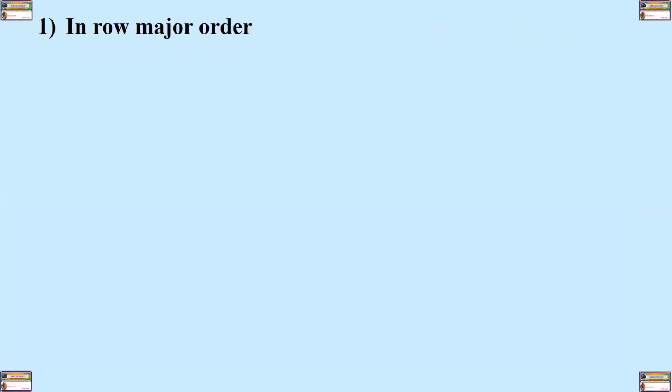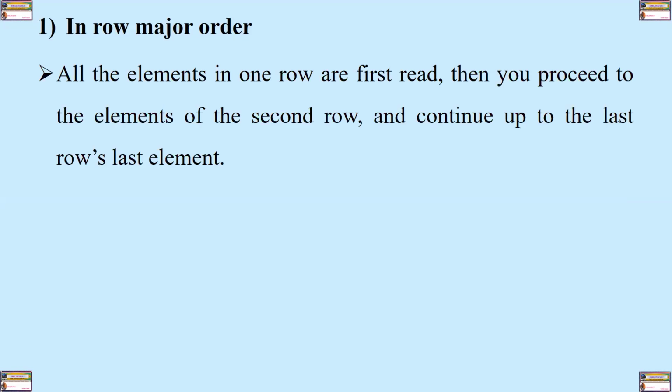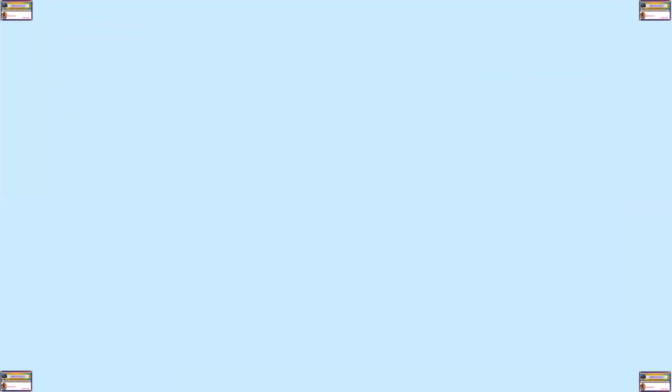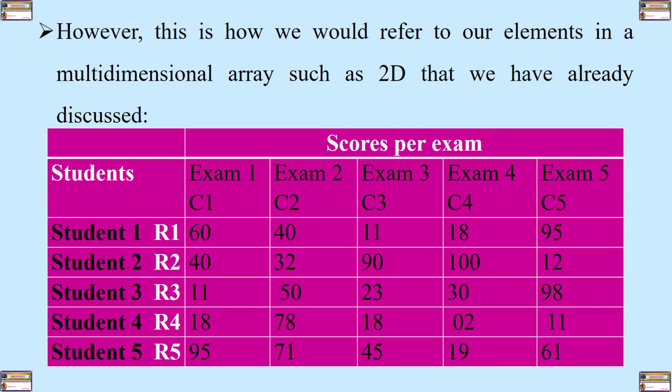Let's see. In row major, all the elements in one row are first read. Then you proceed to the elements of the second row and you continue up to the last row's last element, just as I've said. And therefore, the elements of the above array would read as follows. Row 1, column 1, row 1, column 2, row 1, column 3, row 1, column 4, row 1, column 5.